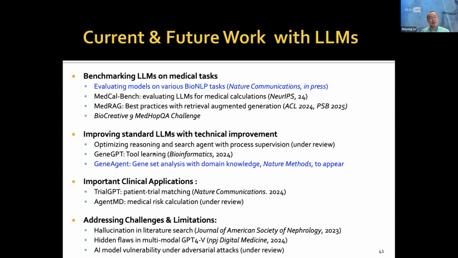But our philosophy is that we can always improve these standard large language models with some technical improvements, and using knowledge and curated databases is certainly one way to go. And this could not happen without the extraordinary efforts of the data curation community. So thank you for doing that.